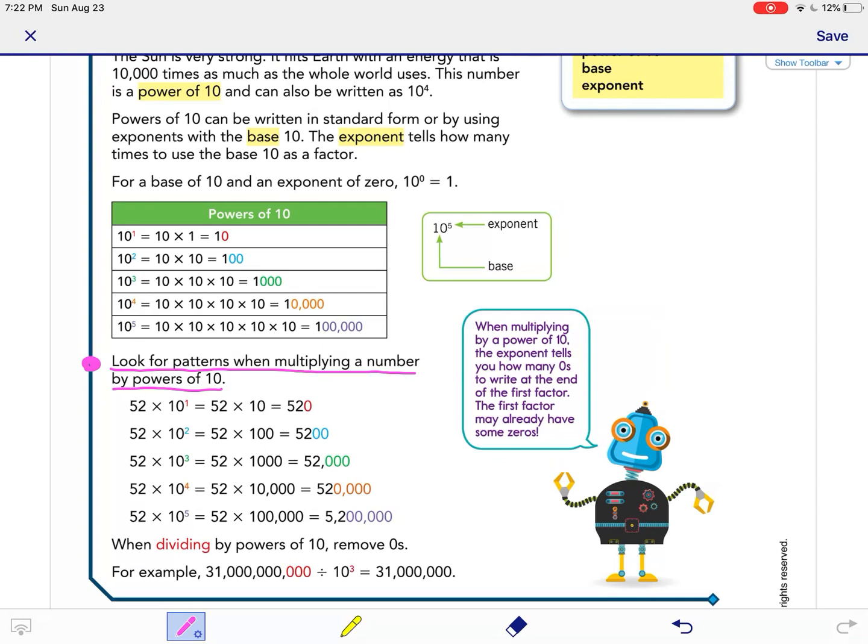All right, we have 52, and we want to multiply it by 10 to the first power. We could also say 52 times 10, because 10 to the first power is 10.